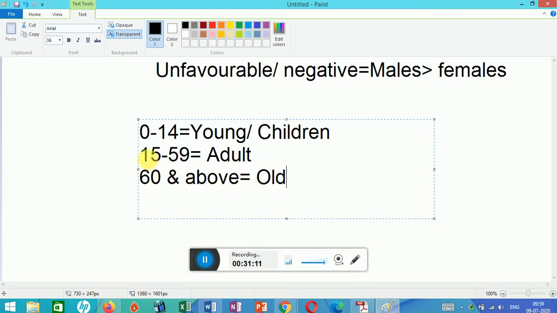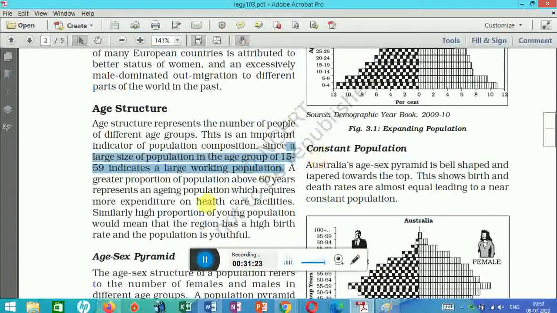The age group 15 to 59 years, also known as adult, is the working age group. So a country where there is a large number of working population will be developed. That is the point mentioned here: a large size of population in the working age group of 15 to 59 indicates a large working population.